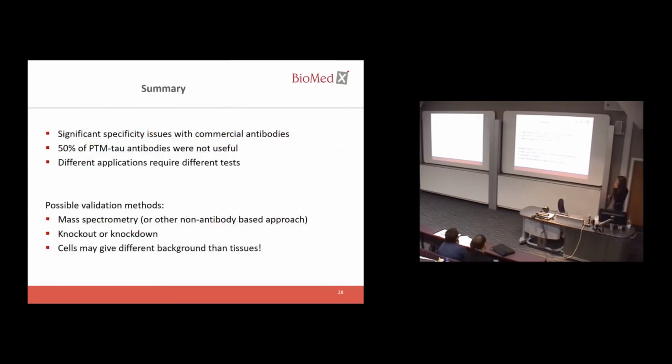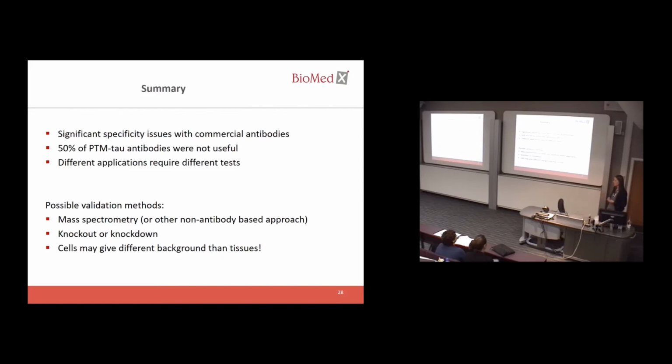So in summary, I have to say that we've encountered significant issues with many commercial antibodies, but that being said, for the big companies, customer support has been very helpful, and there's been a lot of back and forth. 50% of the PTM tau antibodies that we tested were not useful for us, but different applications also require different tests.